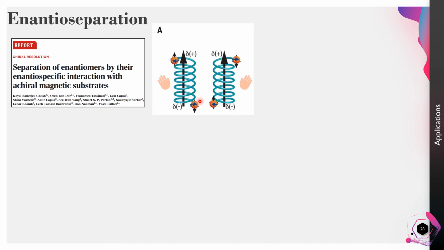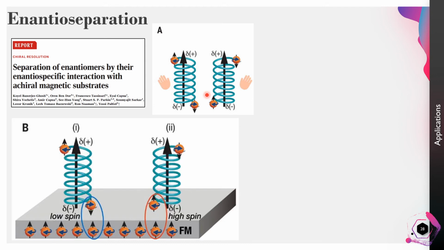So we see the separation of spin states from the top to the bottom, and this separation in spin states now allows for an asymmetric affinity for adsorption to ferromagnetic compounds.